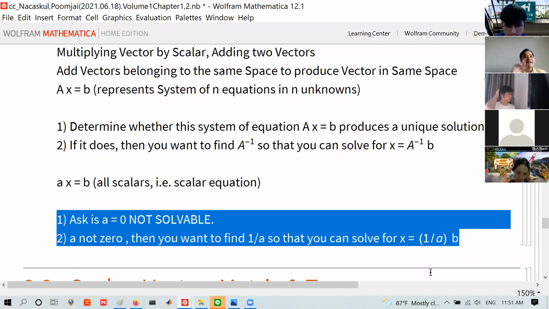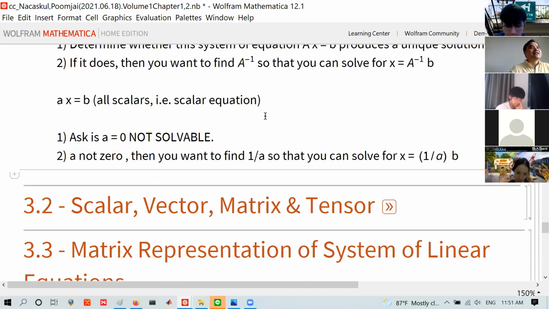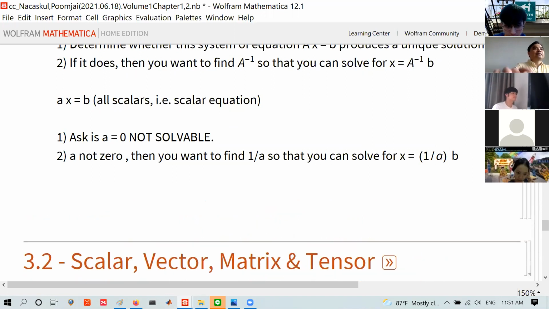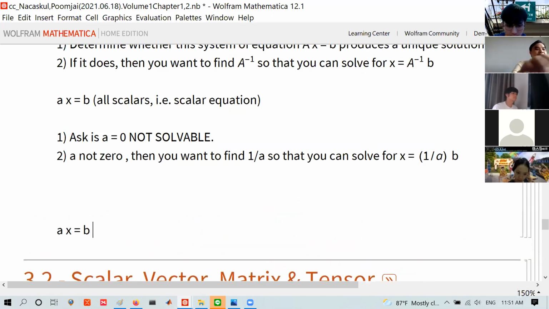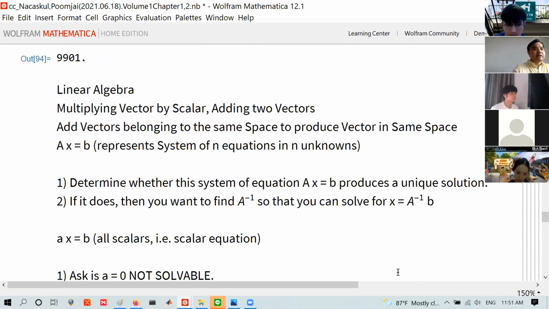Now, let me expand a little bit. If A is not 0, then you can find A inverse.